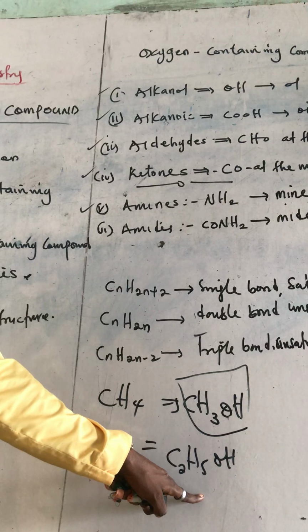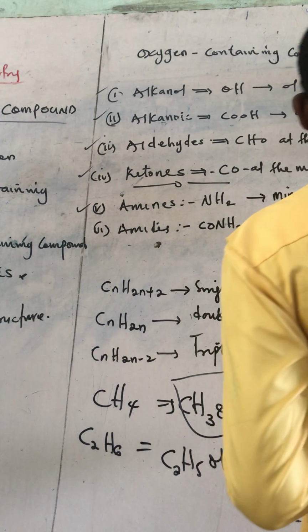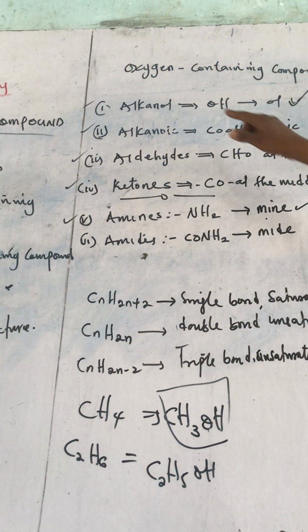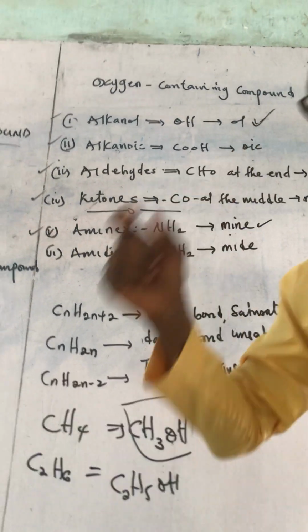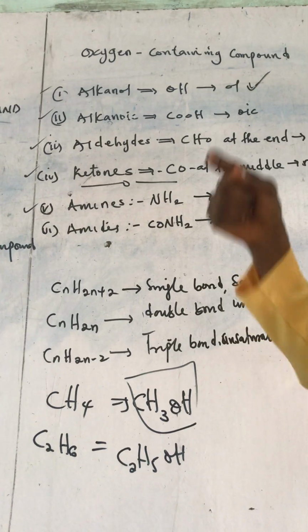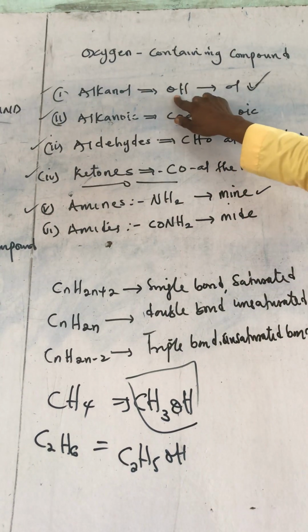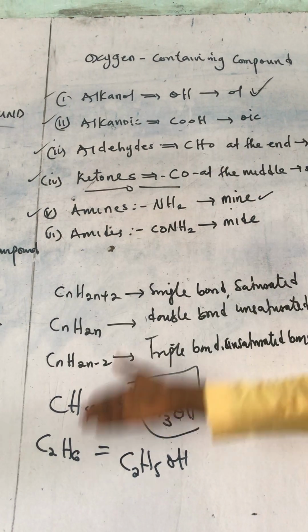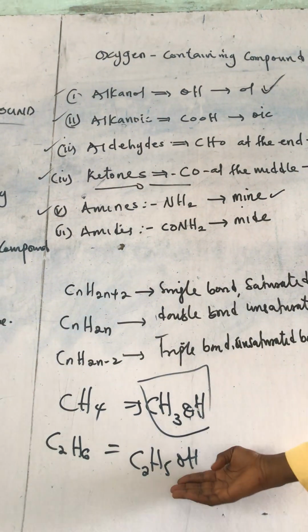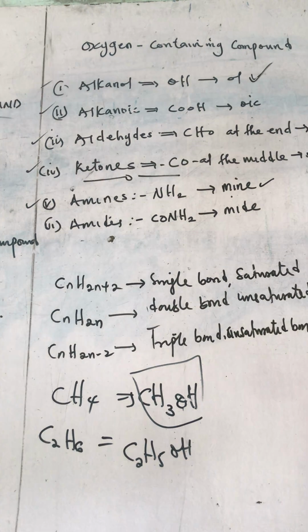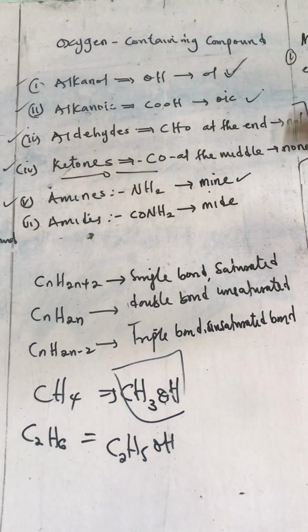Ethanol. This is the formula for ethanol. So it's very simple to form this group. So note it. How do we form the alkanol group? We form the alkanol group by removing one hydrogen atom of alkane and replacing with what? OH. So we shall be forming the family of alkanol. This is methanol, and this is what? Ethanol.